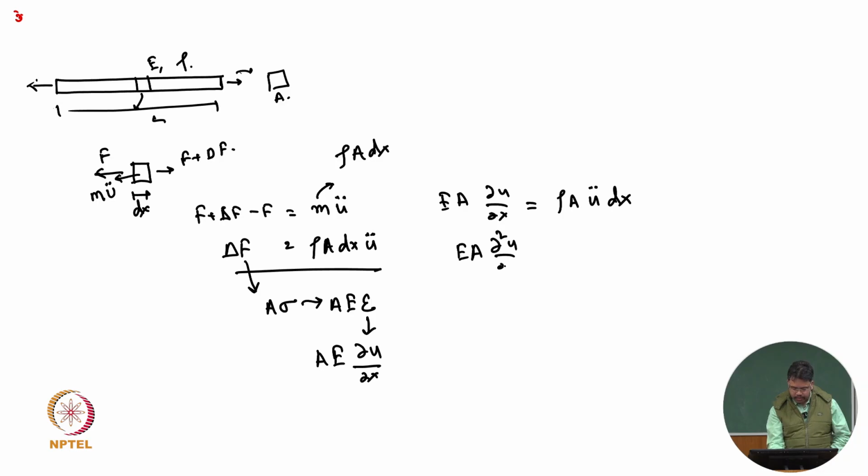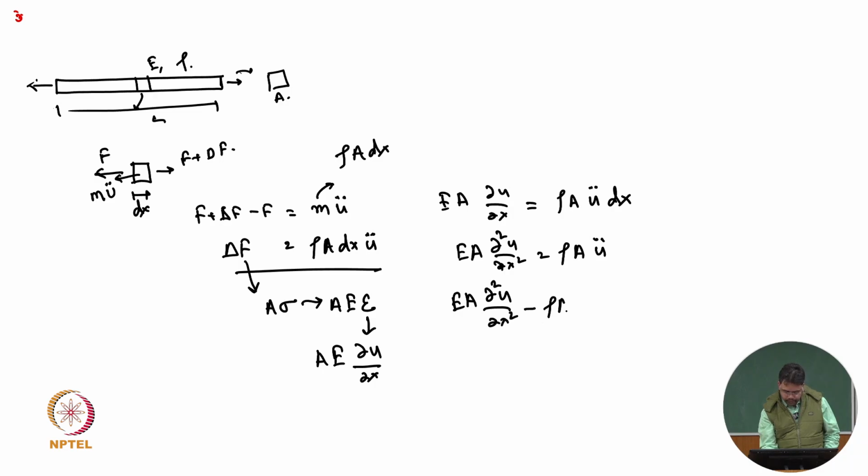EA into del 2u del x2 equal to rho A u double dot. And this is the equation of motion for a bar.